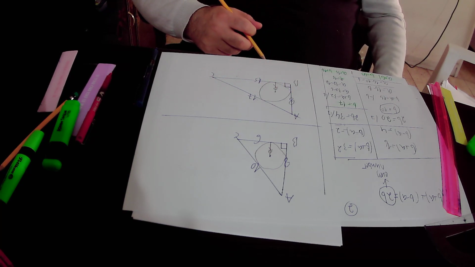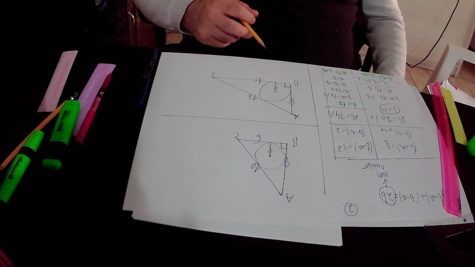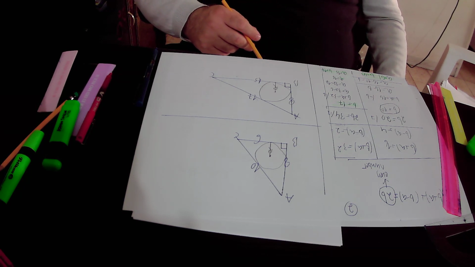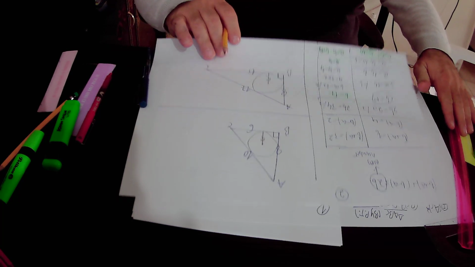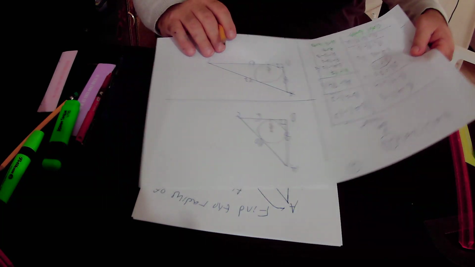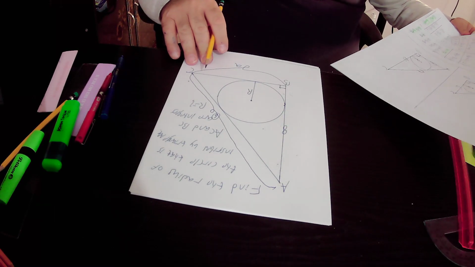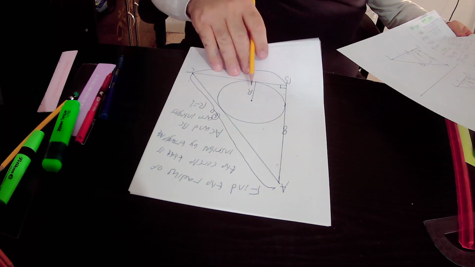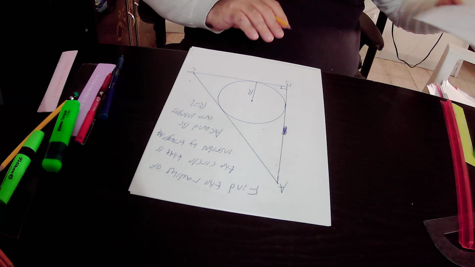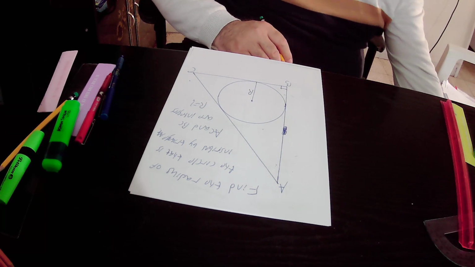In order to find the radius of this circle inscribed in triangle ABC, we'll take triangle ABC, which could be any triangle.